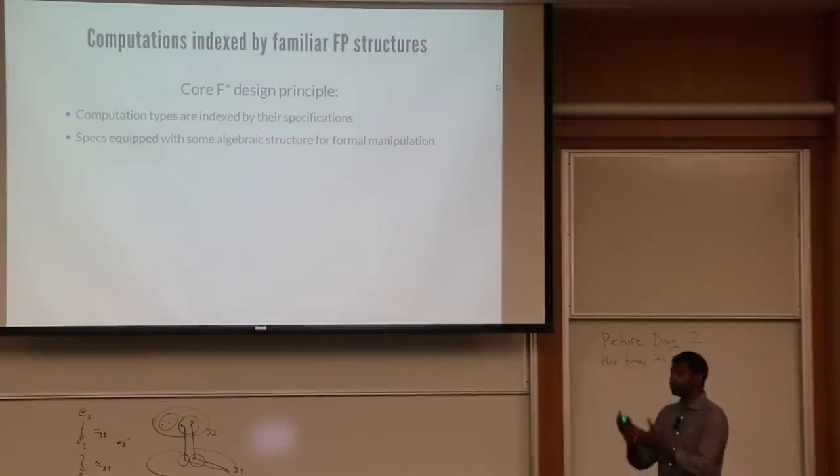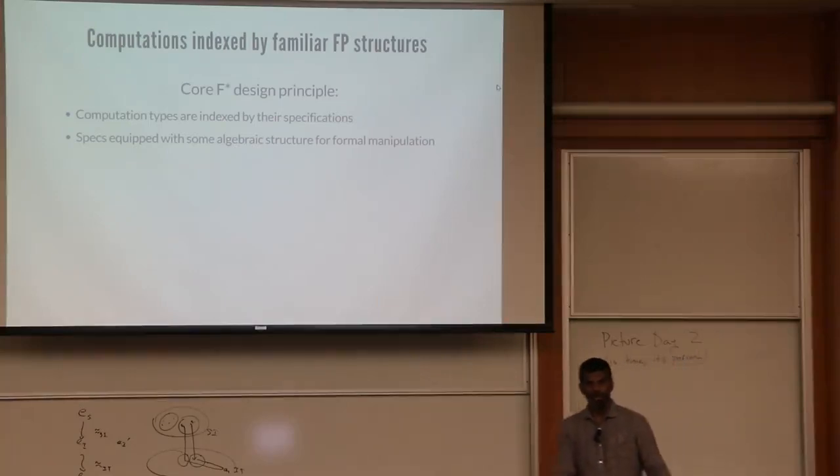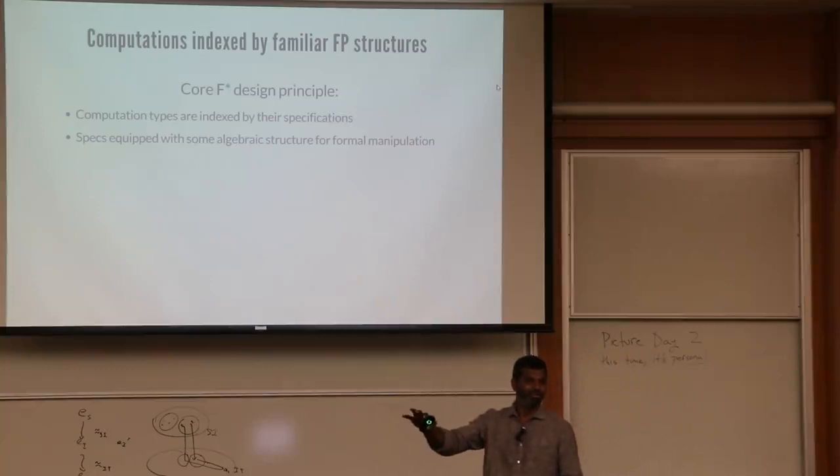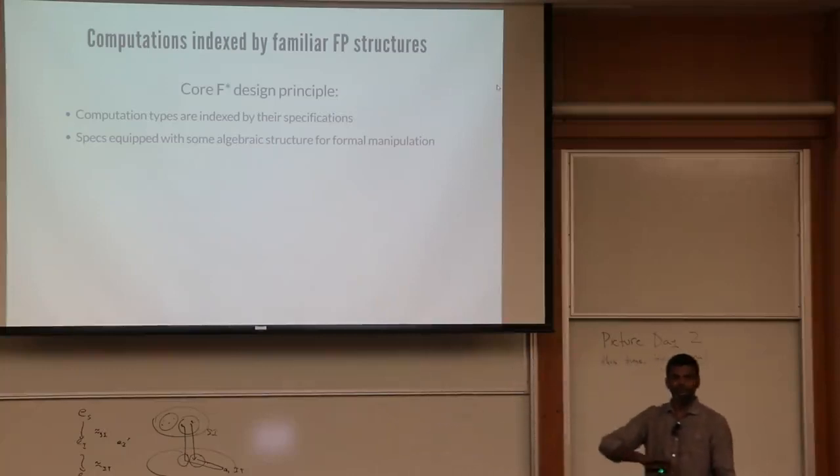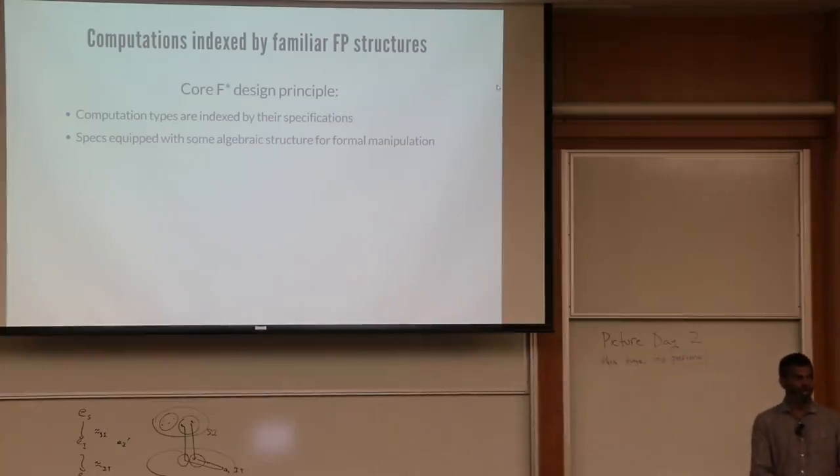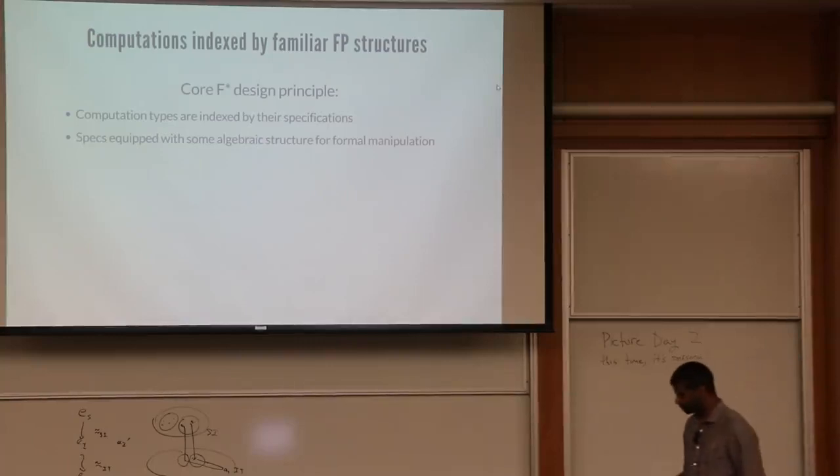And those algebraic structures obey some equations or some theory. And you reason about the computations through the proxy of their indexes. And by proving some properties about their indexes, you can conclude some properties about the underlying computations. At a very abstract level, that's the kind of design motto of F*.